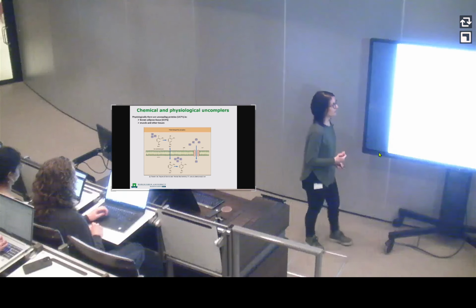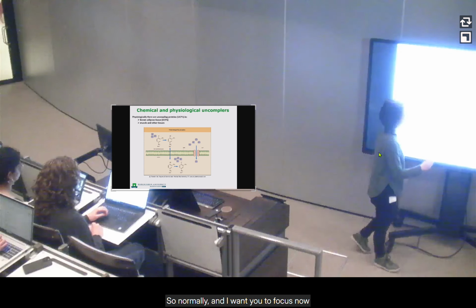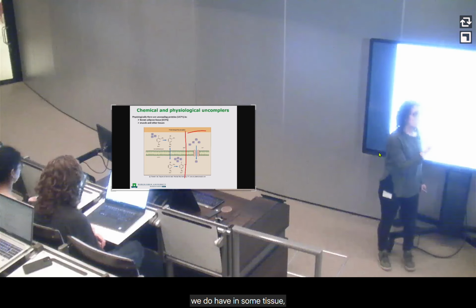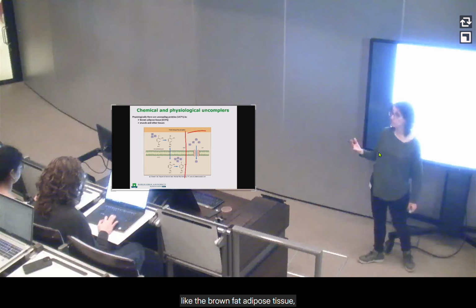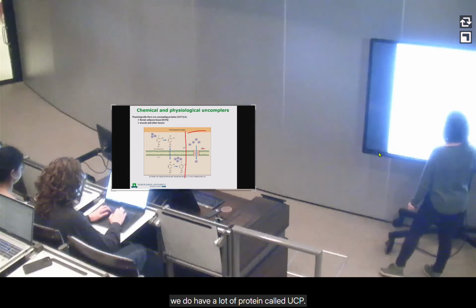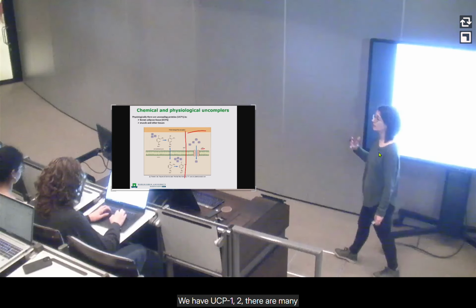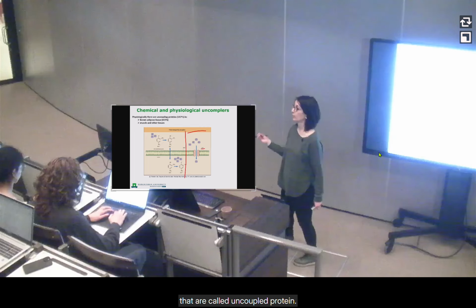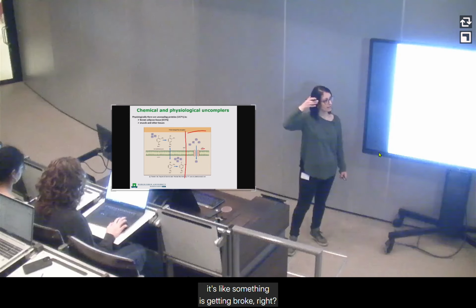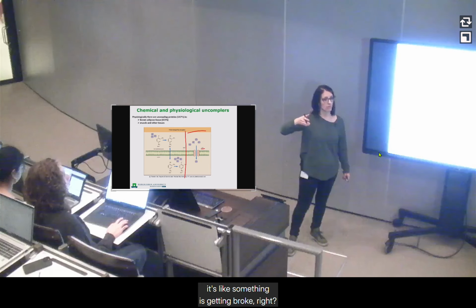How do we do that? So normally, and I want you to focus now first on this part of the slide, we do have in some tissues, like the brown adipose tissue, a lot of a protein called UCP. We have UCP1, 2, there are many, that are called uncoupling proteins. Uncoupled, as the word suggests, it's like something is getting broken, right?